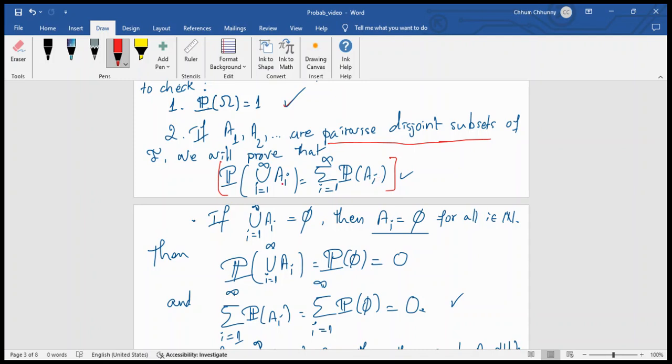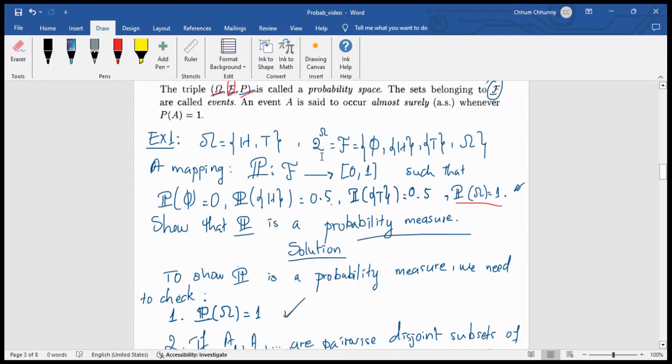In this case, because P is a mapping from F to [0, 1], the domain of the mapping P is F. And from our example, the set F has four elements: the empty set, {H}, {T}, and omega.